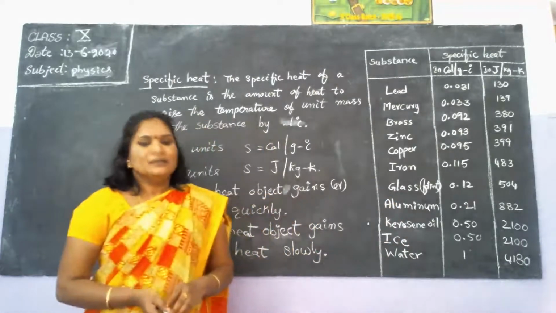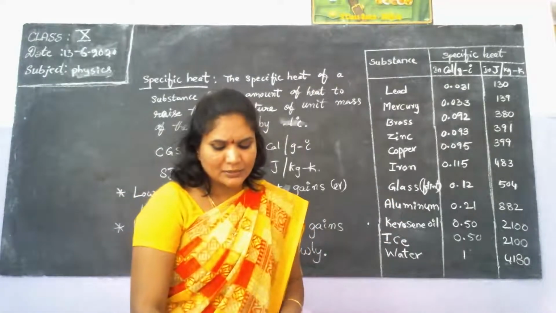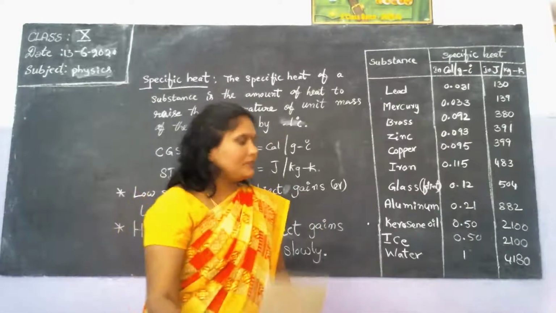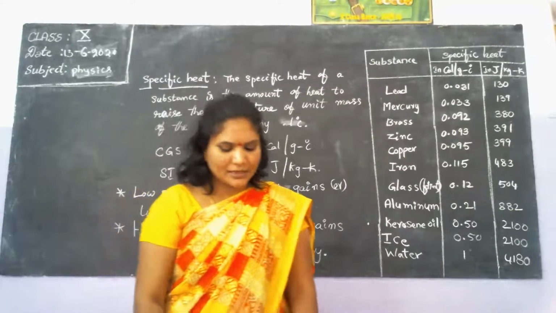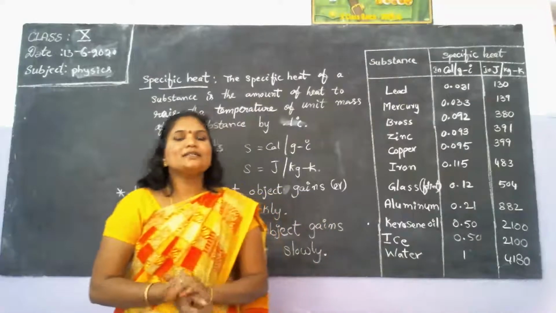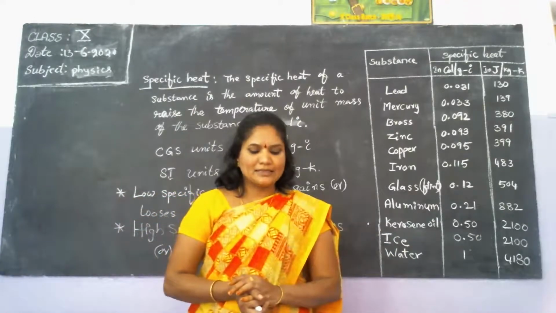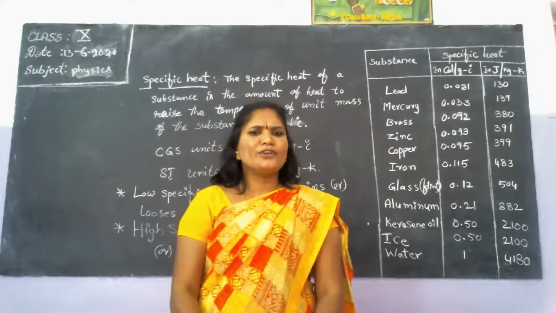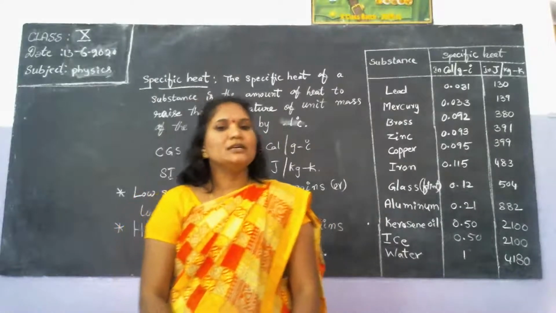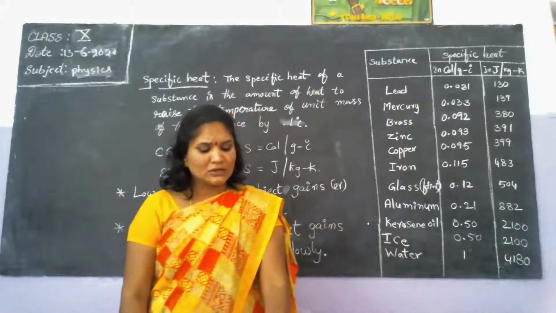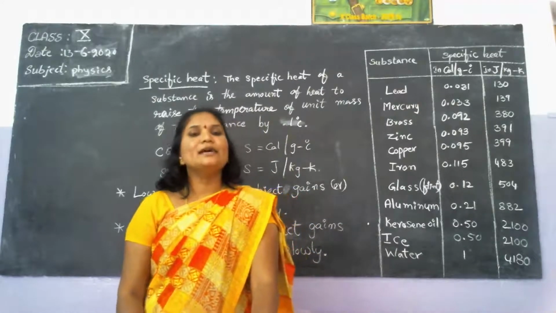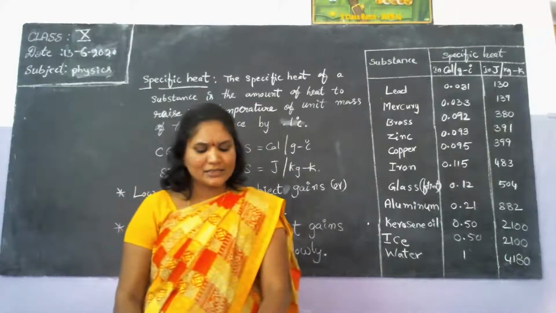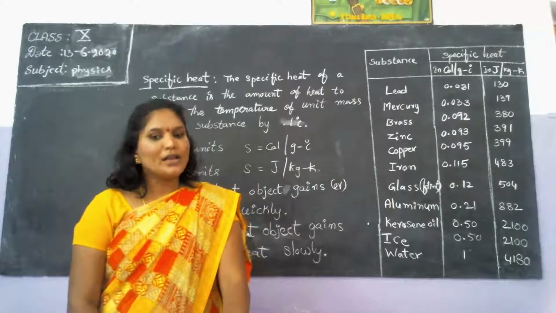Why is the specific heat of different substances different? Specific heat depends on the nature of the substance. We already know substances are made of different molecules. Their internal energies include kinetic energy, rotational energy, potential energy and vibrational energies between molecules.